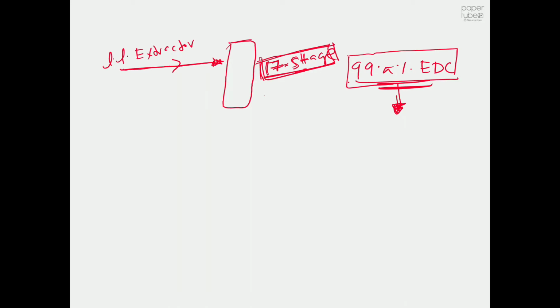reboiled absorber. Sorry, this is not a distillation column. This is a 17 stage reboiled absorber. So what we are going to do is we have a reboiler here. Then you get your light product at the top.